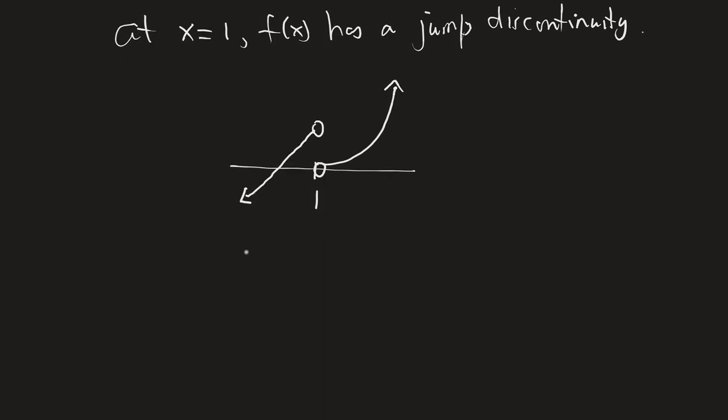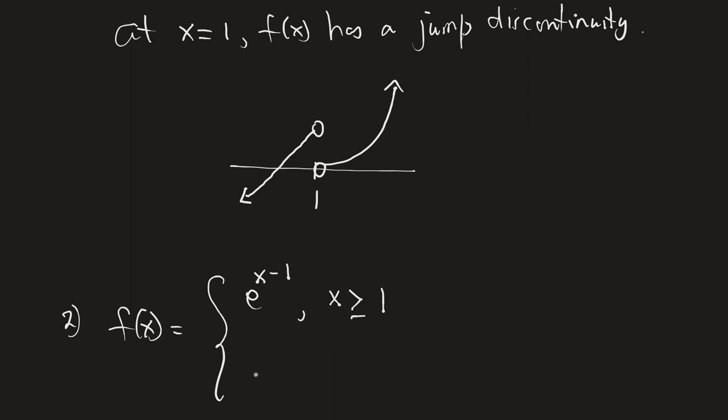Okay, so our second example, and again, this one will have two pieces. So this one will be e to the x minus 1, right? So now we have an exponential function there, and this is valid for x greater than or equal to 1.